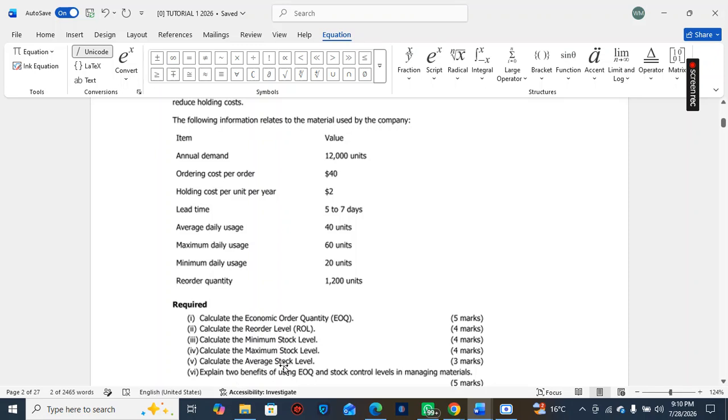Explain two benefits of using EOQ and stock control levels in managing materials. What we've been calculating, those are the control levels, colleagues.